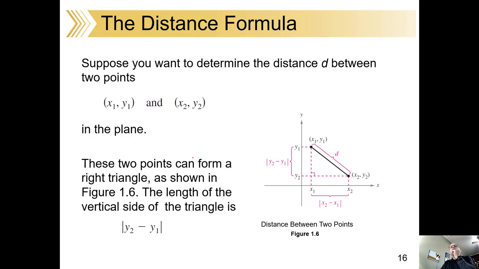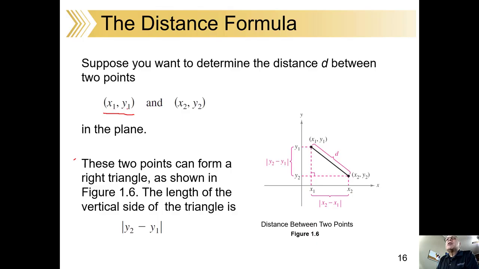So let's get closer to the distance formula. We're talking about the distance between 2 points. First thing to note, to make sure you don't make a mistake, is the first point is represented by x sub 1, y sub 1. The ones do not represent the values of the x and the y.